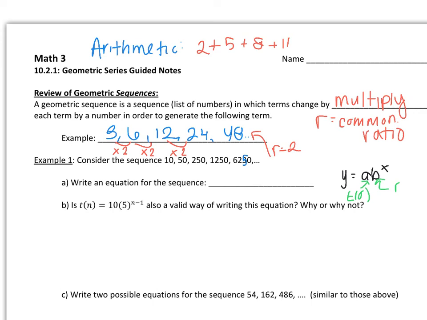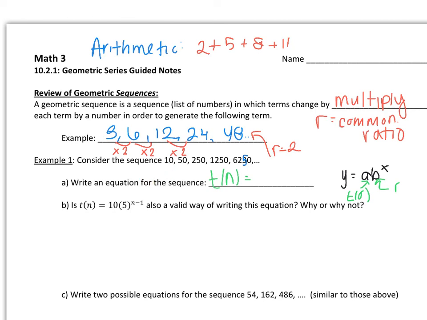So we'll put t of n equals, and then we have a, which would be our 0th term. So you have to think through this one in the same way we did with arithmetic sequences when we had to figure out the 0th term. So if we're taking 10 and multiplying by 5 times 5 times 5 to generate each new term, then to go backwards to the 0th term, I would have to take 10 and divide by 5.